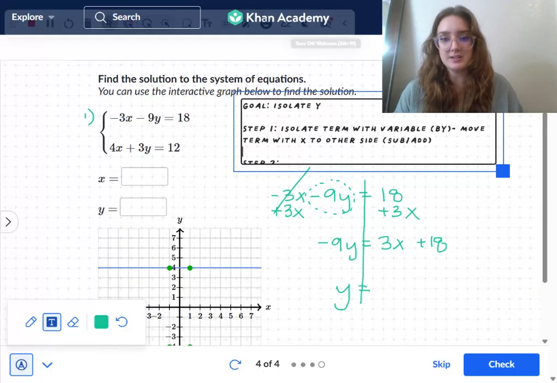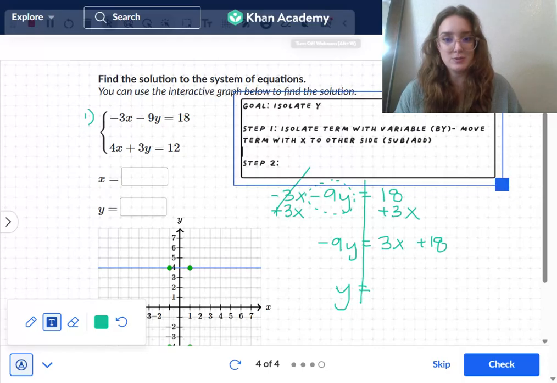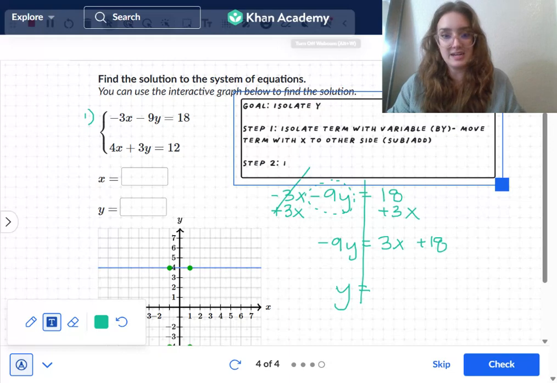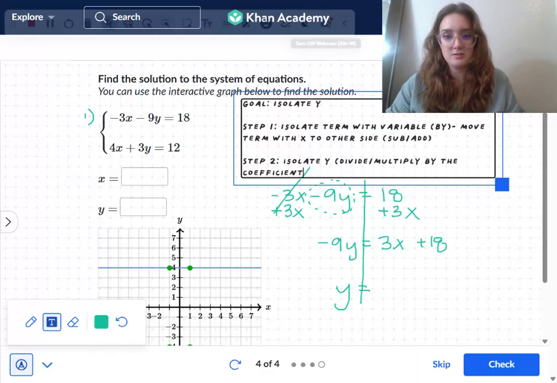All right, let's go back to our steps here. Step 1, we've isolated the term with y, right? Negative 9y. Step 2, now we're going to isolate our y. So we need to get rid of the coefficient. We're going to either divide or multiply by the coefficient, right?